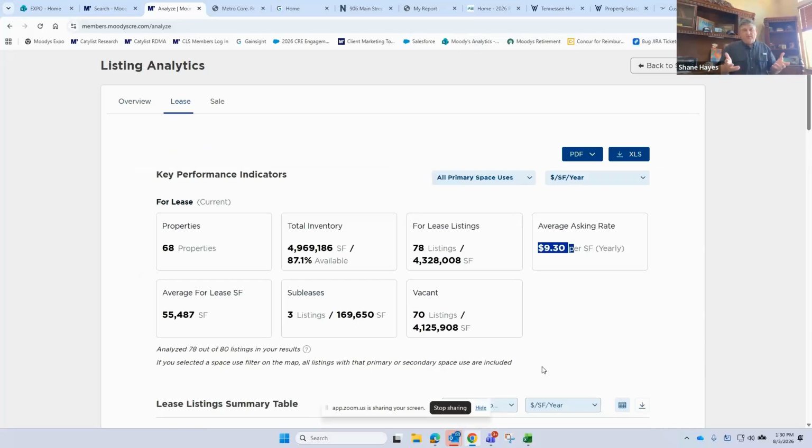So these are numbers that you're putting in here, and this is us taking that, and now across these 68 lease listings, the average asking rate right now is $930. Now that's going to vary. Some will be more, some will be less. Some are going to have different variables that are part of that, just the variables that come with leasing a property, or at least an industrial property, same with CAM expenses and office and all that stuff. But that's just going to give you a better overview of the local area.